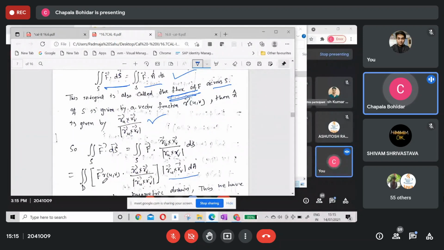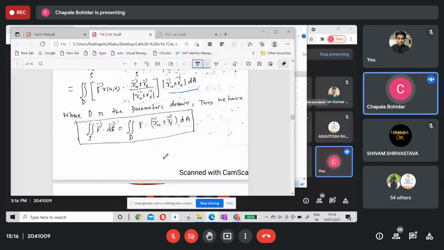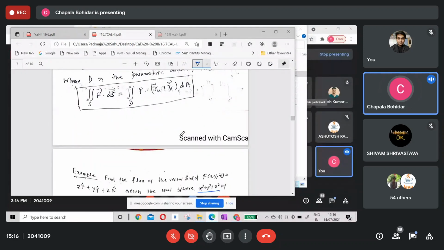We get F of r(u,v) when you convert it to the parametric form over the domain D, dotted with r_u cross r_v, dA. Where it is a function of one variable, we get F(r(t)) dot r'(t) dt. Here it is a function of two variables u and v, so we get this one. D is the parametric domain. Therefore, we get F dot dS is equal to double integral over D of F dot (r_u cross r_v) dA. Okay. So this is the formula for the vector function.